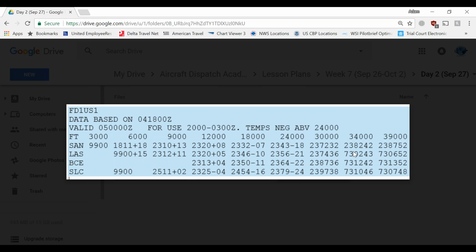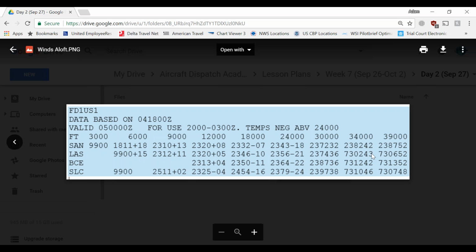The way we normally do, you would subdivide the reading and write 73, 02, and negative 43 on the temperature. But anytime you see a 6, 7, or an 8, it means that the wind speed is over 100 knots.